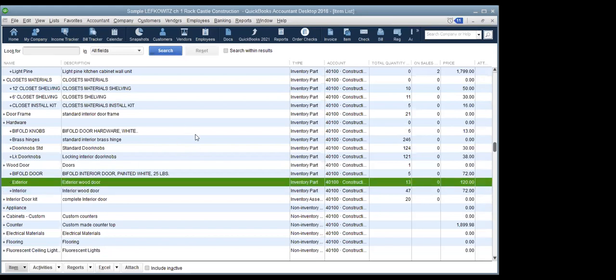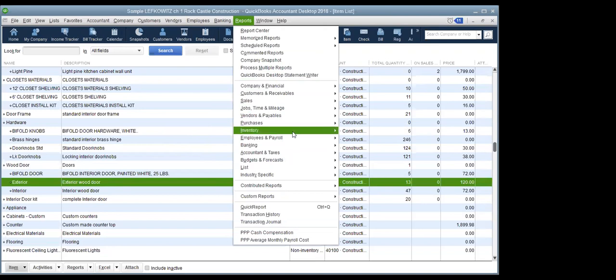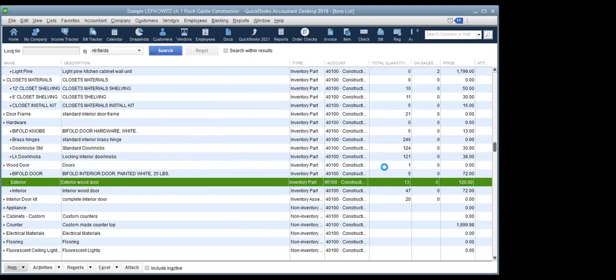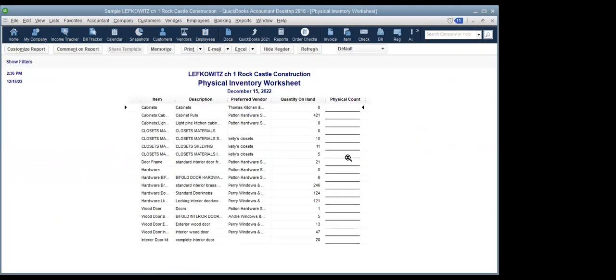Anytime you do a physical count and the items are wrong, you have to adjust it. To get the physical count at the end of the year, you go to inventory and ask for the physical inventory worksheet, print it out and give it to the people to count. Anything on this schedule, of course, not the main accounts, the sub accounts, is going to be counted and signed, then an accountant sees that they counted and have all the quantity. After he signs it, then fix the adjusting entries.